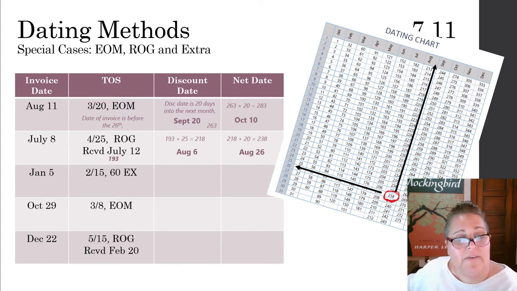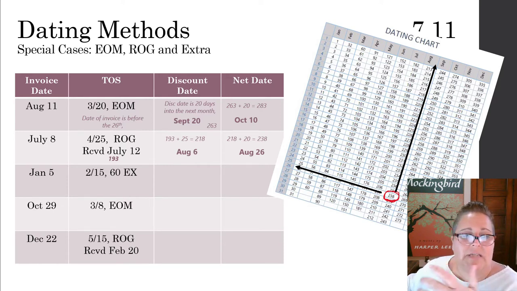We've got January 5th. Terms of sale are $215.60 extra. So 60 extra means I have 60 extra days for the discount. 215 means I get a 2% discount if I pay in the first 15 days. And then the seller thought, whatevs, we'll give them 60 extra days.